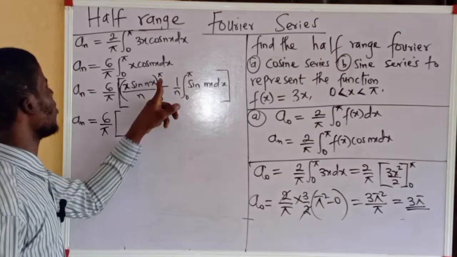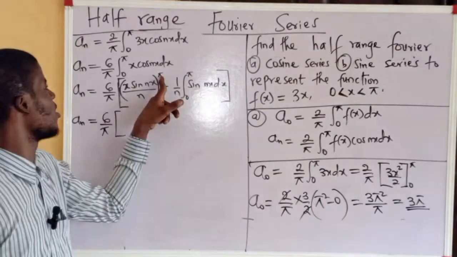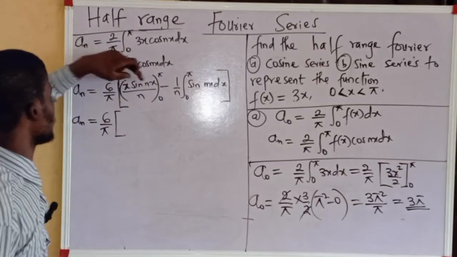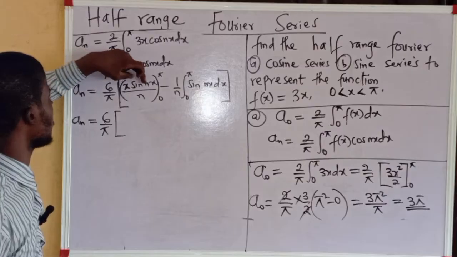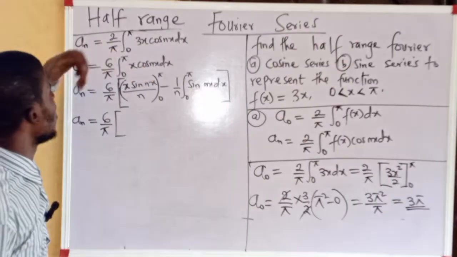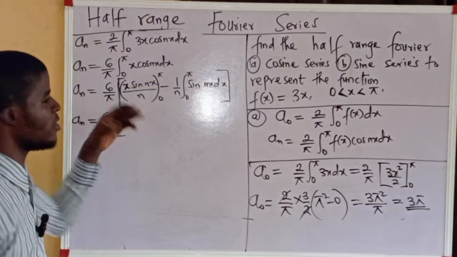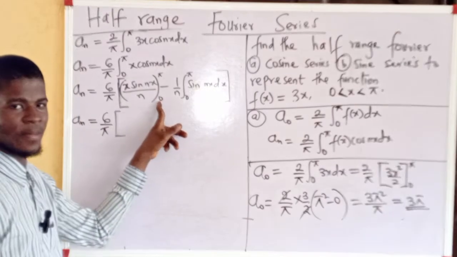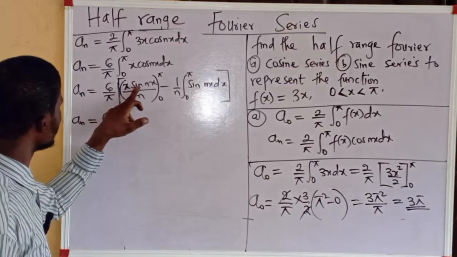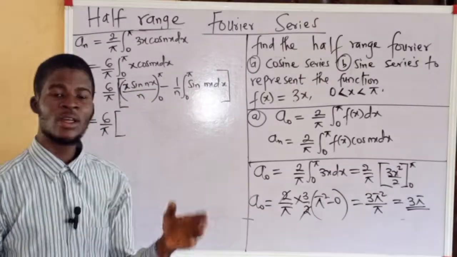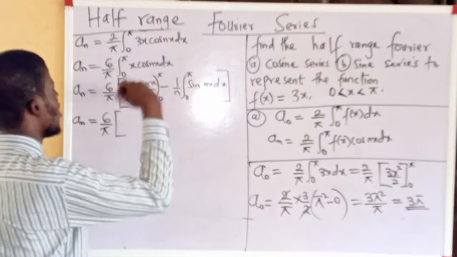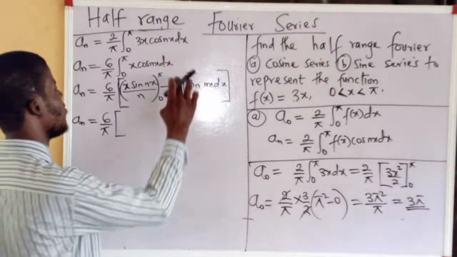Because if we plug in the upper limit, plug in pi for x, we have pi sine n pi, and sine n pi itself is 0. If we plug in 0, that will be 0 times sine 0, which is still 0. So 0 minus 0 is 0. Everything here is out. This is what we have left.